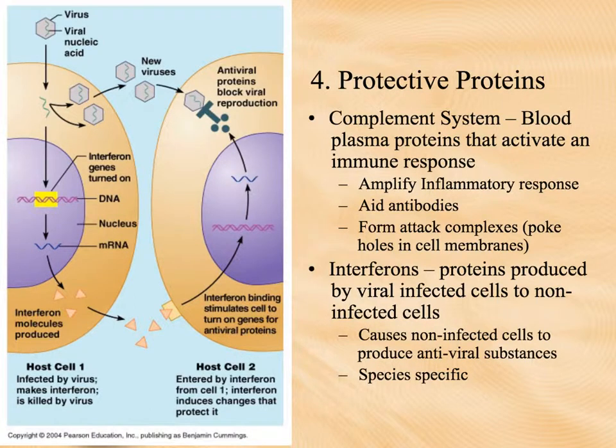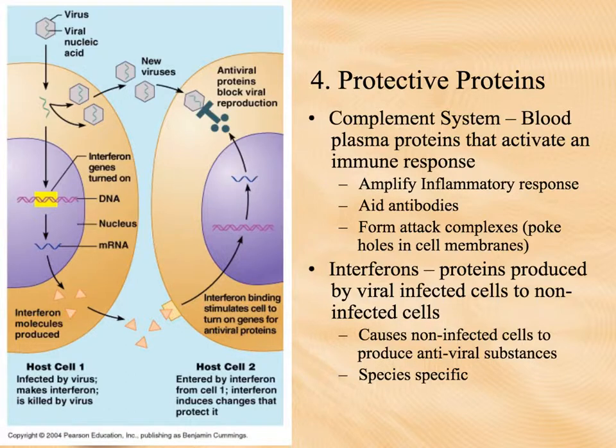Okay, the fourth one is the protective proteins, and here we have the complement system. These are blood plasma proteins that activate an immune response. I'll go over a little bit more with the complement system here on the next few pages. But they're going to do things like amplify the inflammatory response, aid antibodies in what they do by causing things to clump together or poking holes, form attack complexes, which again is poking holes.